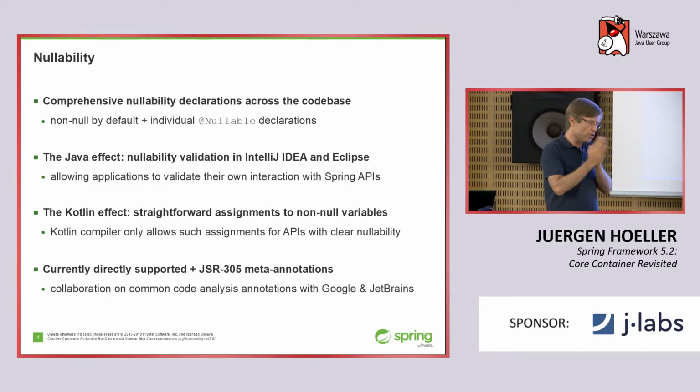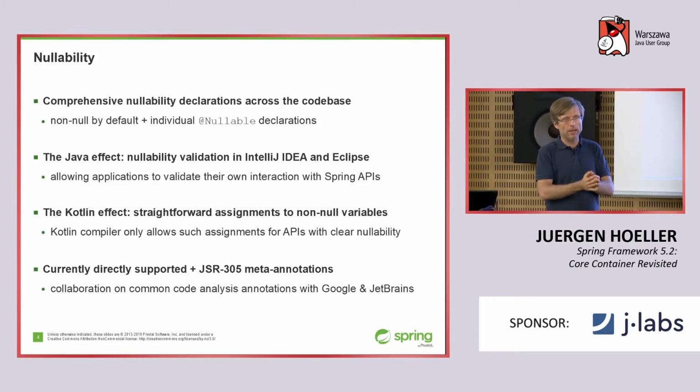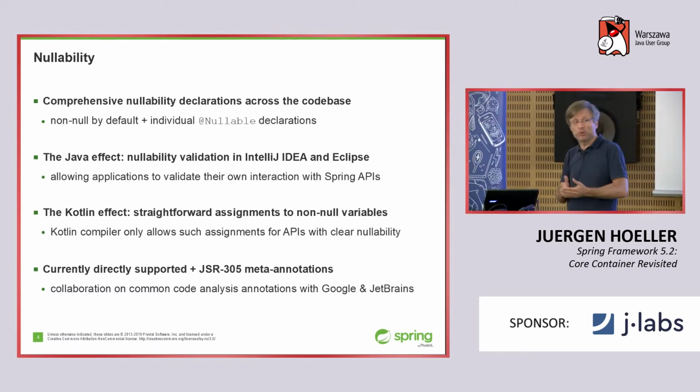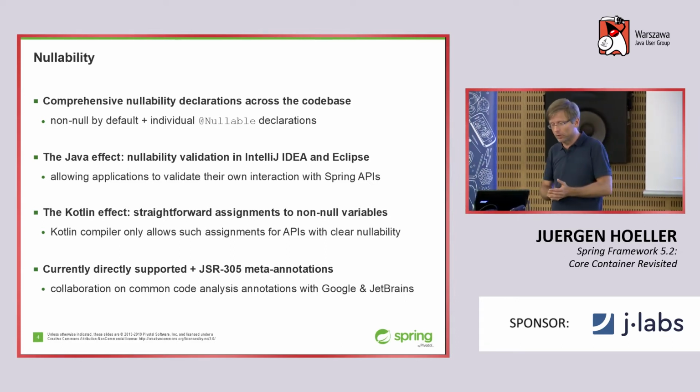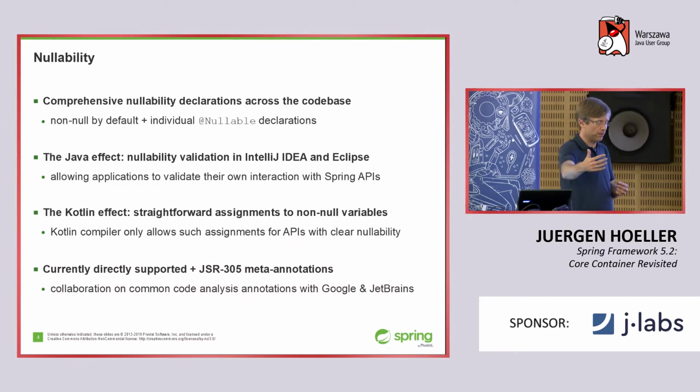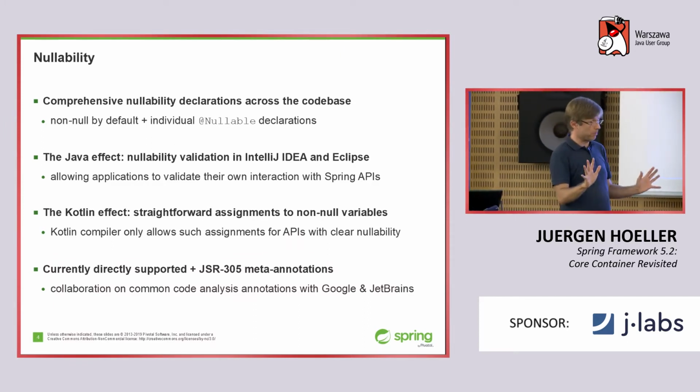You may declare a non-null reference, and the Kotlin compiler only allows you to assign the outcome, for example, of a method call to such a non-null declaration if it knows that this can actually never be null. So the Kotlin compiler requires some formal declaration in the target APIs that say this will never be null.